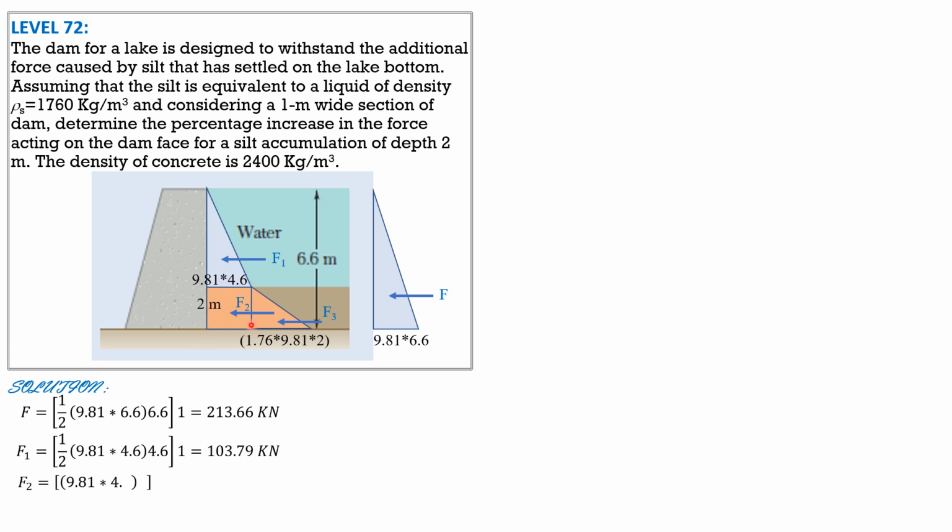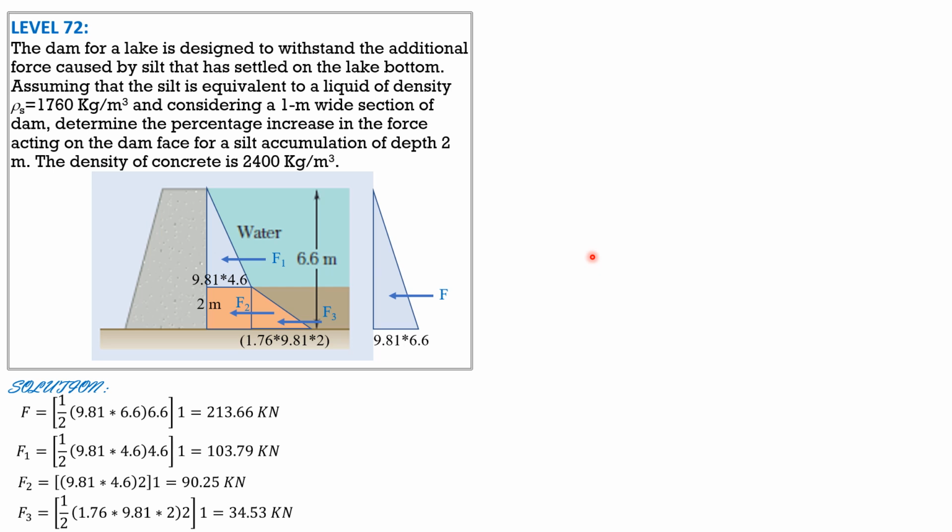So area of the rectangle times 1. 9.81 times 4.6 times 2, so that's the area of the rectangle, times 1, so that makes it volume, 90.25 kilonewtons. Then finally, F3 is 1/2 of quantity 1.76 times 9.81 times 2 times height 2 times perpendicular to the board 1, so 34.56 kilonewtons.